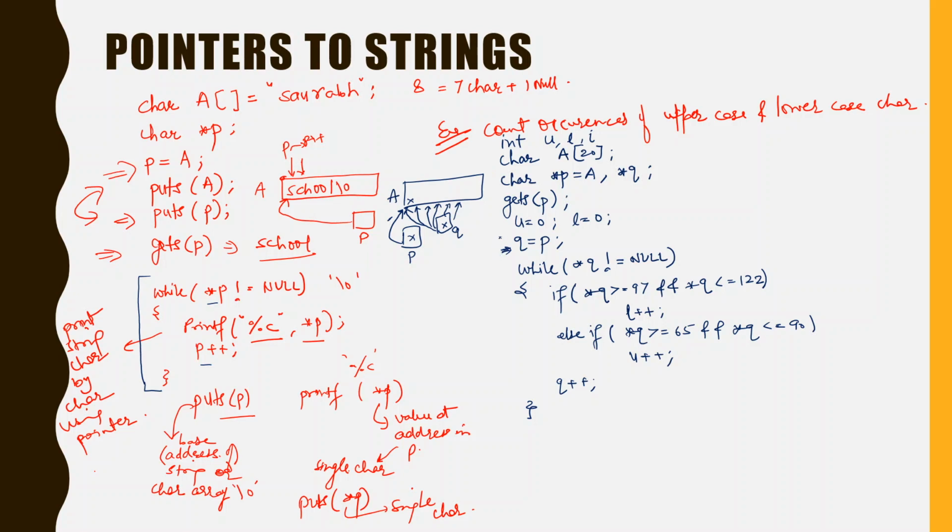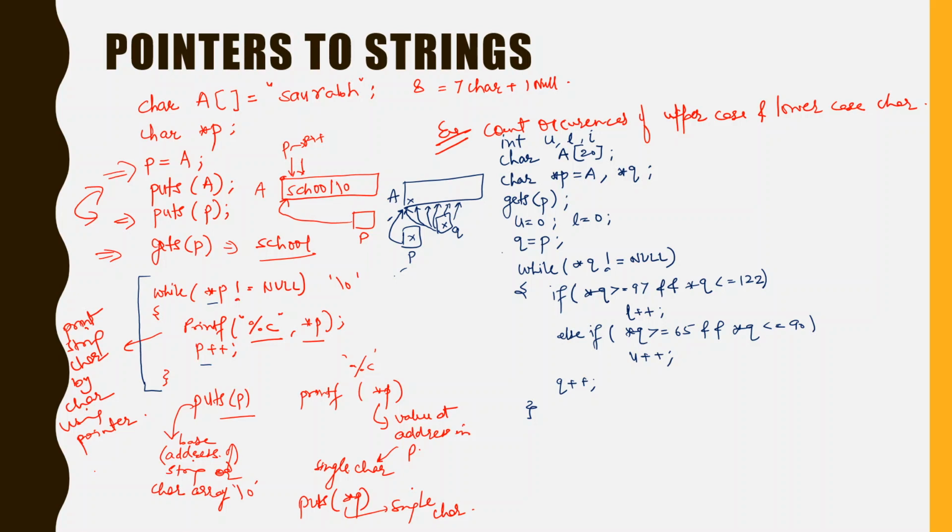Now anytime you want to access this particular string, you can access it with the help of p. Because if you change p and don't keep a copy of p, you will forget the base address of a. Anyhow, this is a character array, so anytime it can be printed with the help of the array.